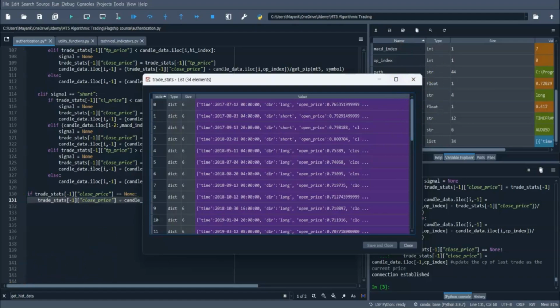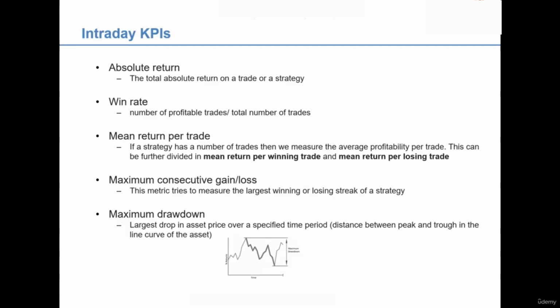Hello friends, before completing the rest of the backtesting code, I would like to take a slight detour and talk about some of the key metrics that we use for backtesting any strategy. We can call them anything; usually they are called key performance indicators or KPIs.